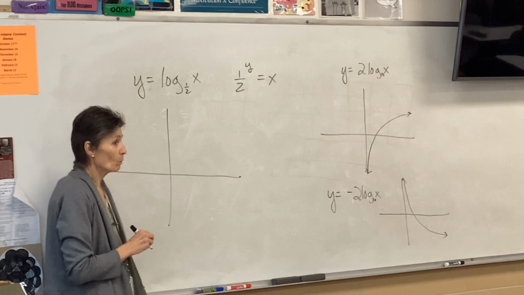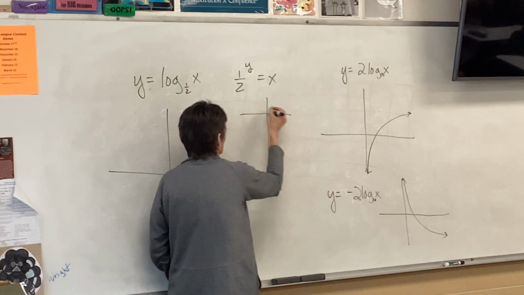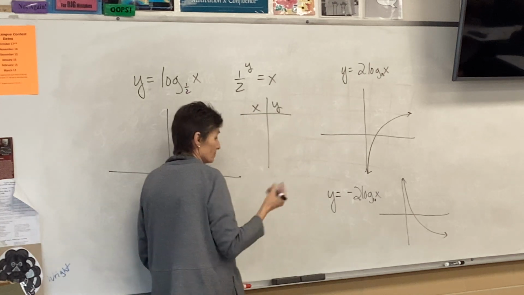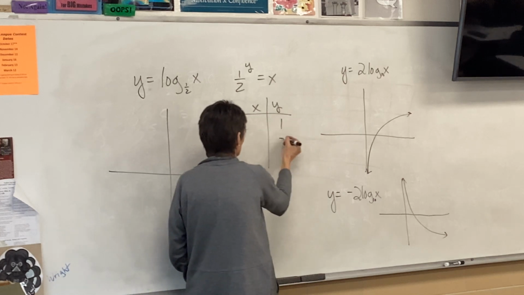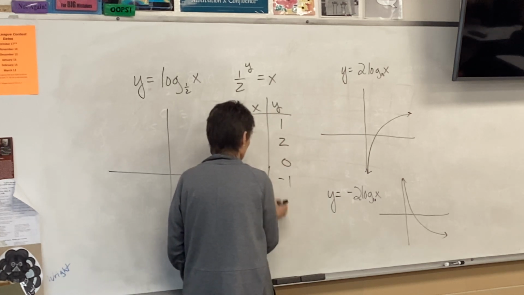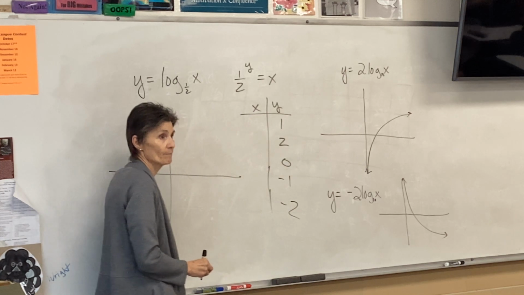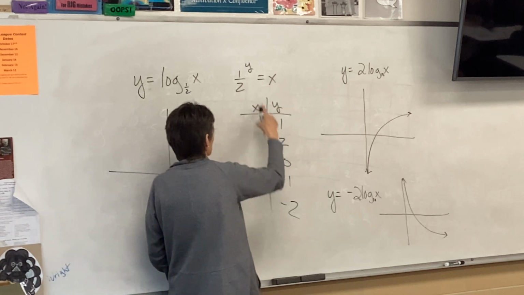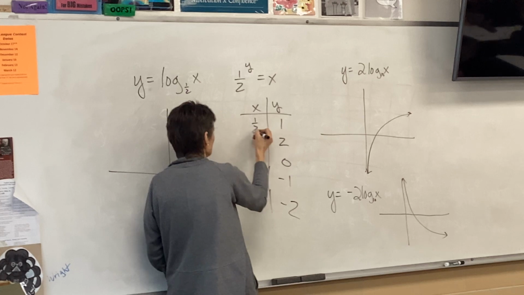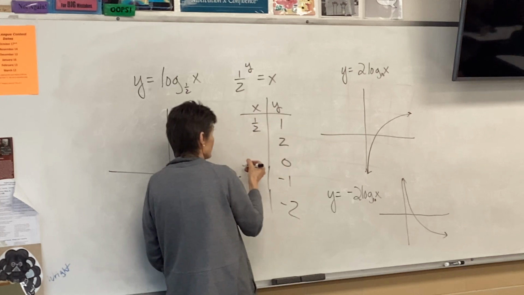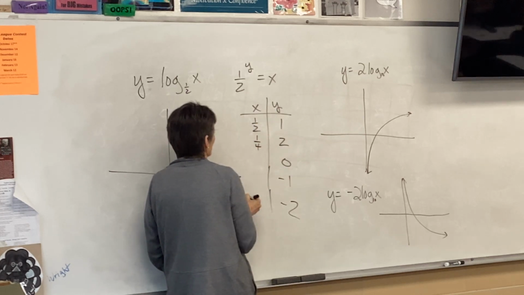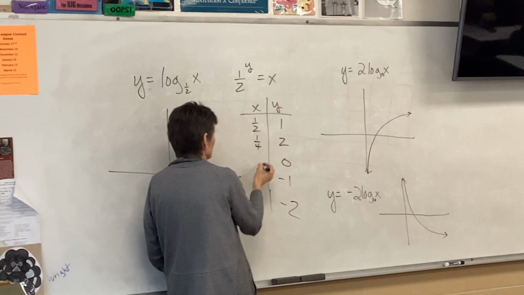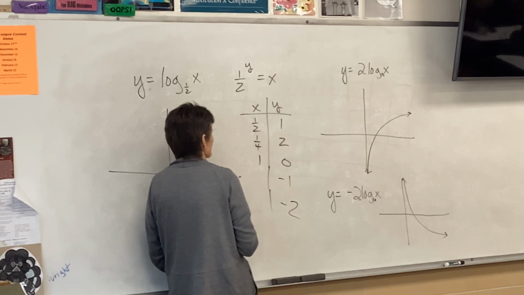Okay, so pick a y. Pick a y. 1, 2, 0, -1, -2. Let's just start with those. Now, those are y's. What's 1/2 to the first? 1/2. What's 1/2 to the second? 1/4. What's 1/2 to the 0? 1. 1/2 to the negative first? 2.